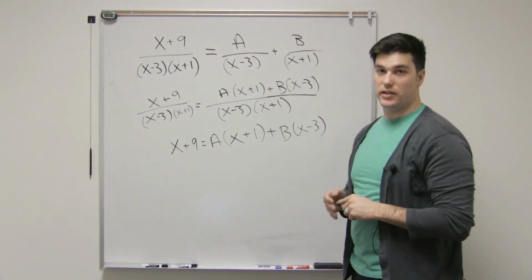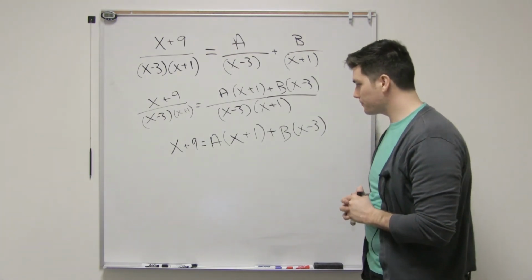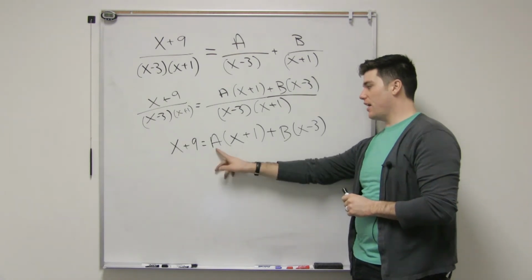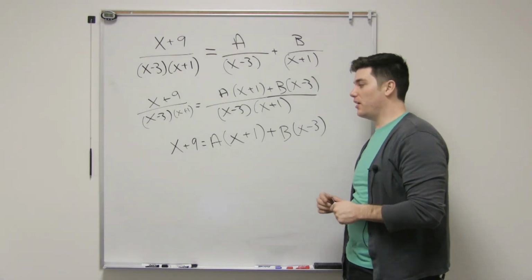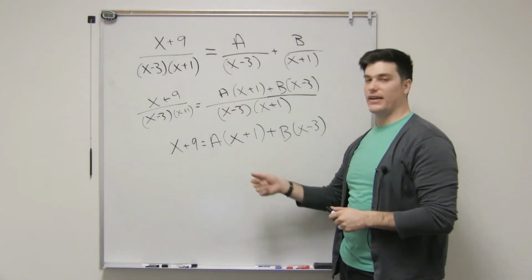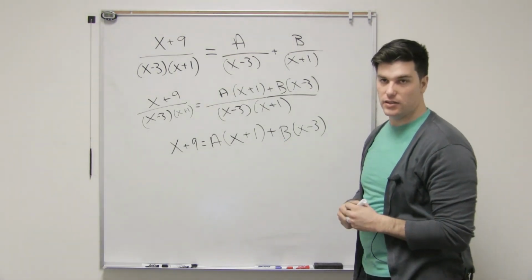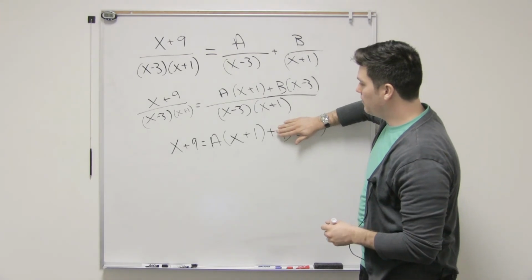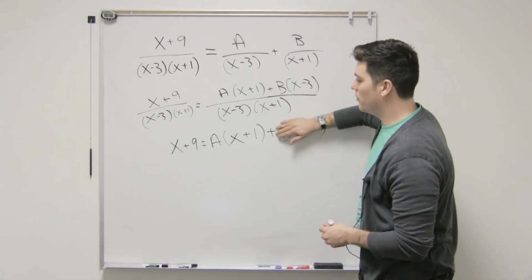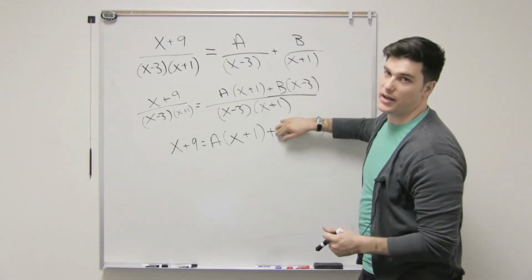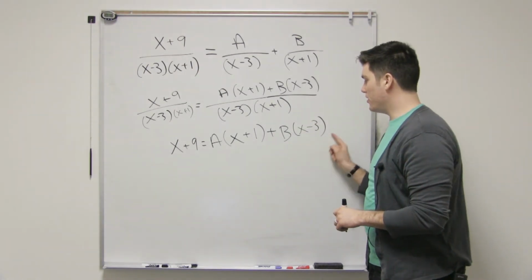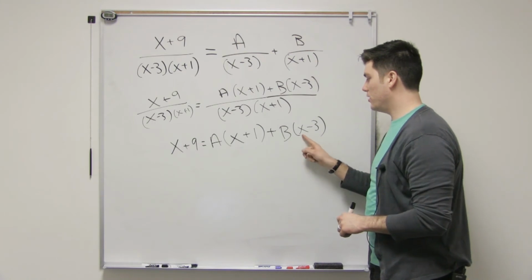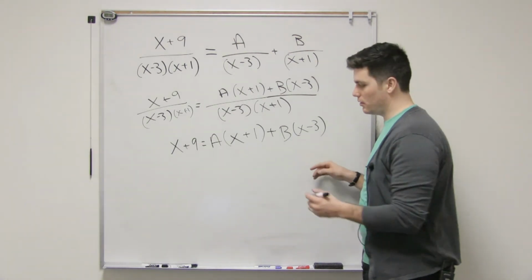Now this is where it's different from what we did before. We're interested in finding a and b. So if we can pick a number for x that gets rid of b altogether, and we knew what x was, we could easily find a. What I mean is, in order to get this term to disappear, x needs to equal 3.